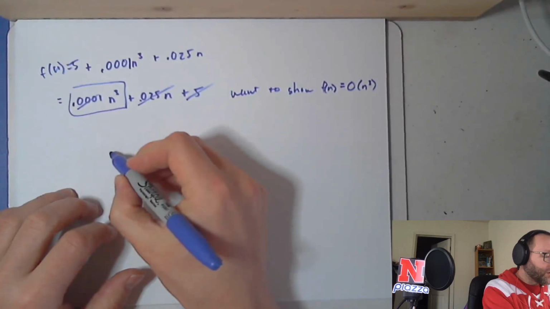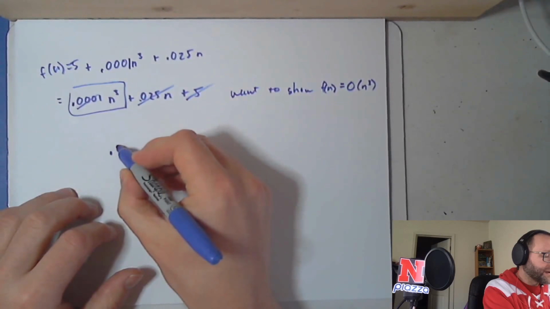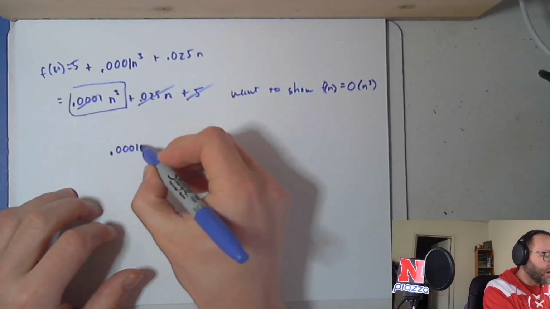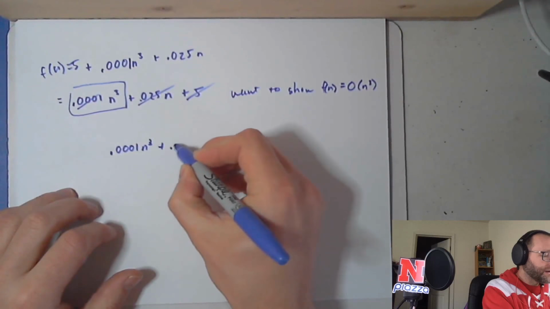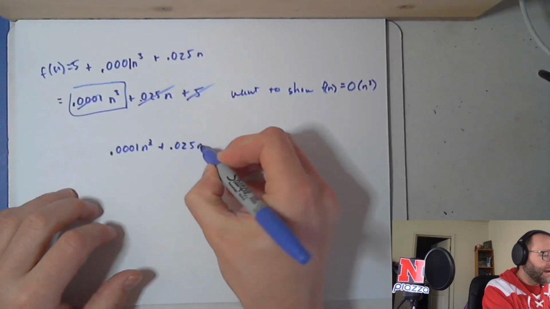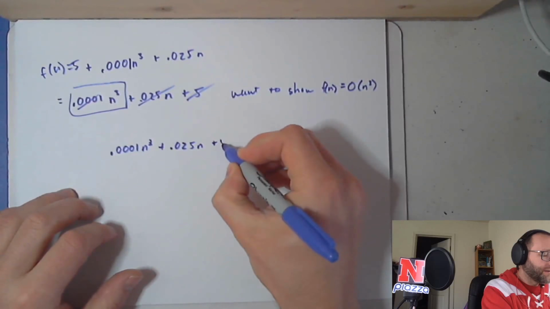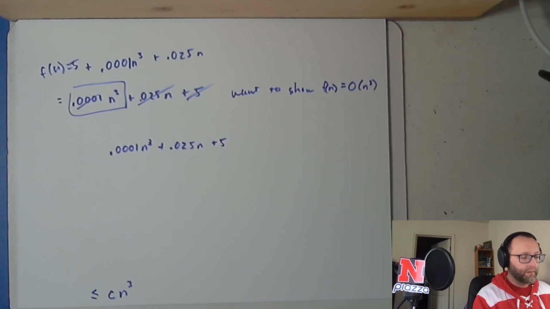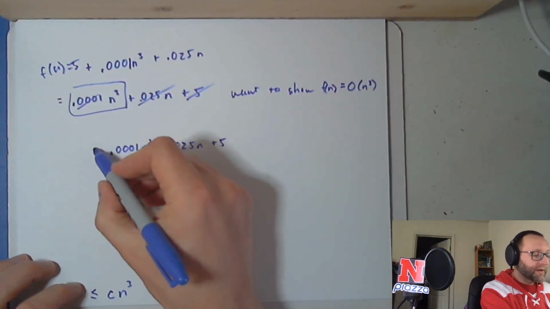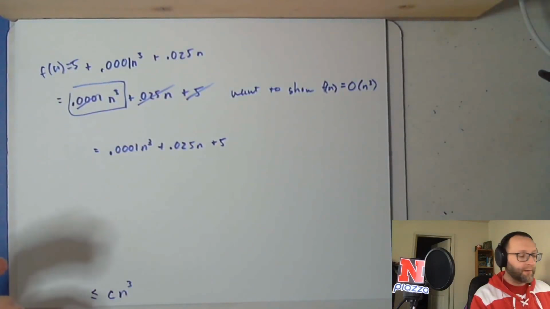So I'm going to go ahead and establish this: 0.0001 n cubed plus 0.025 n plus 5. Right? And again, you could go down here and you want to show that this is less than or equal to some c n cubed. Now that we've established how to do this, this should be pretty straightforward.